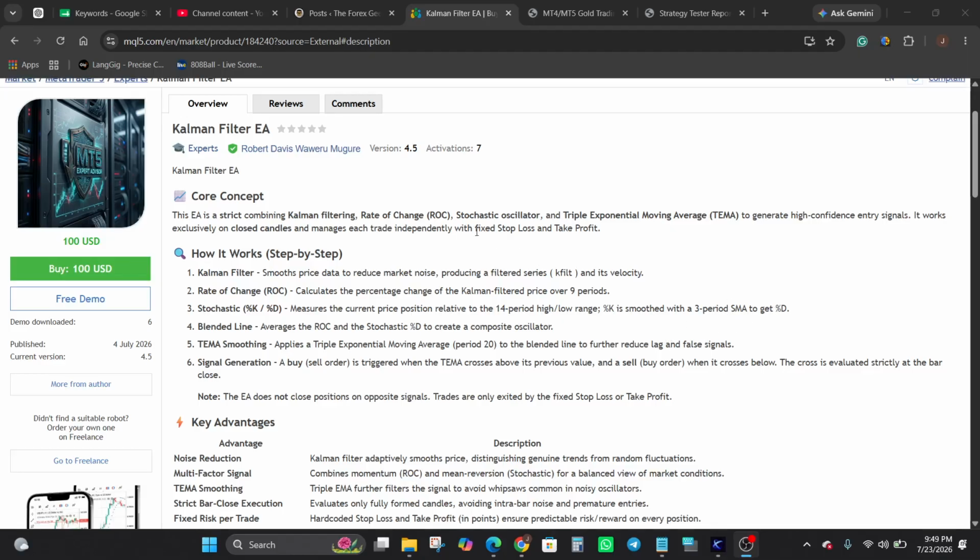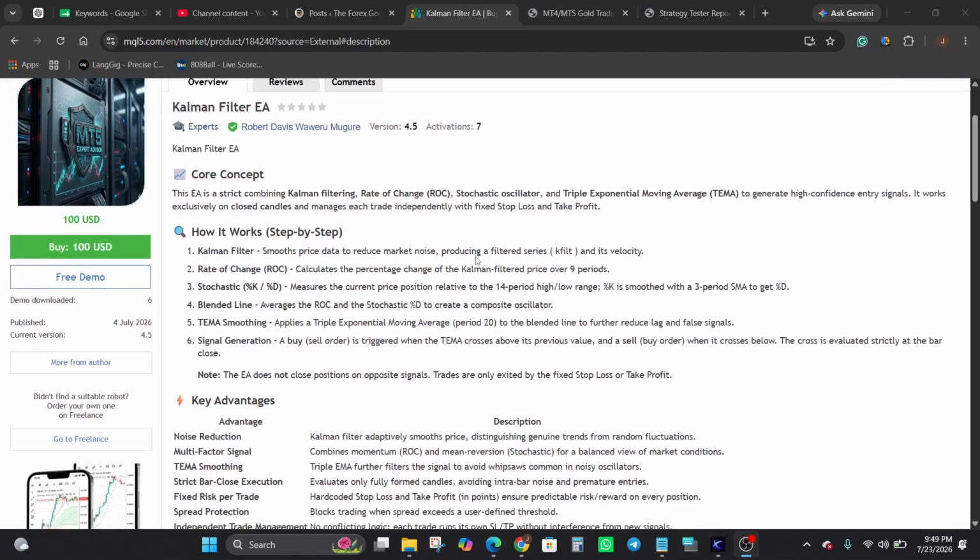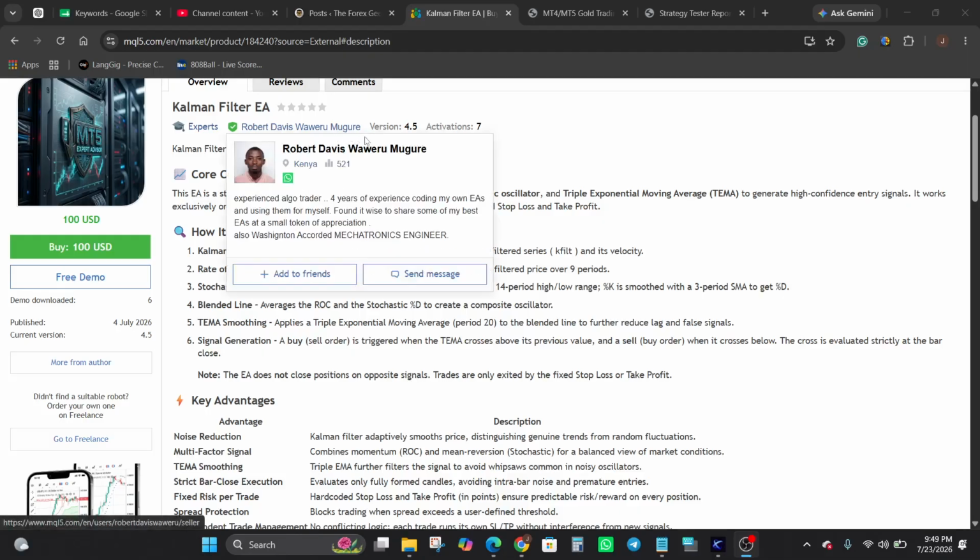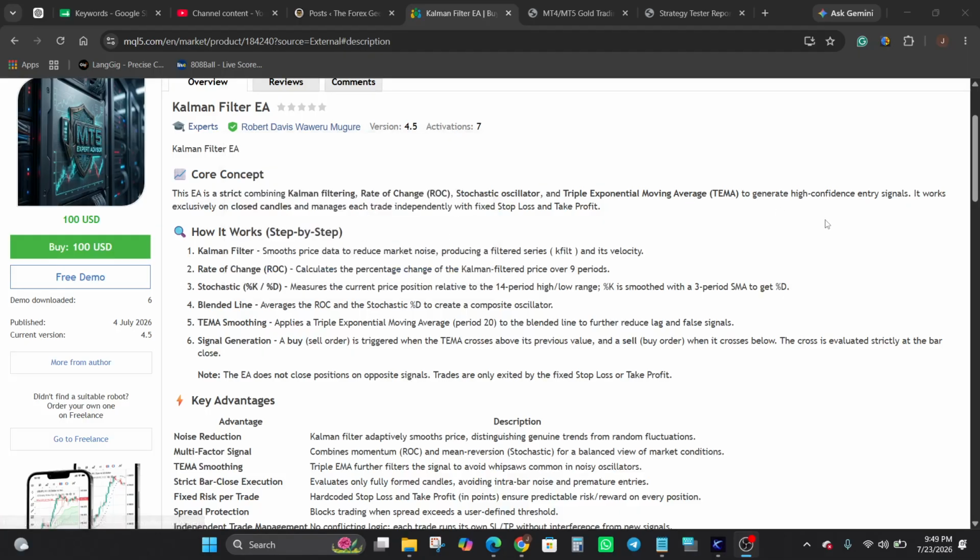Let us start here on the MQL5 Marketplace listing page. The EA is developed by Robert Davis Waweru Mogure, and it comes with a price tag of 100 US dollars with 7 activations. Looking at the core concept described by the developer, this EA uses a multi-layered signal combination.